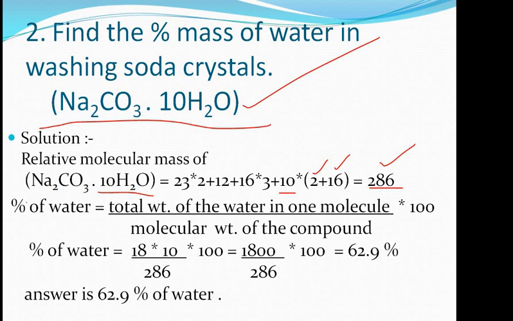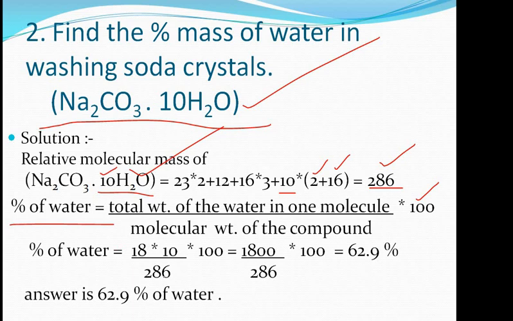Now what do you want to calculate? You want to calculate the percentage of water in this one molecule. If you want to calculate the percentage of water, then it is the total weight of the water in one molecule divided by the molecular weight of the compound into 100. 100 is for the percentage only. Now the percentage of water is 18 into 10, the total number of water molecules in a molecule is 10, and the mass of one water molecule is 18.